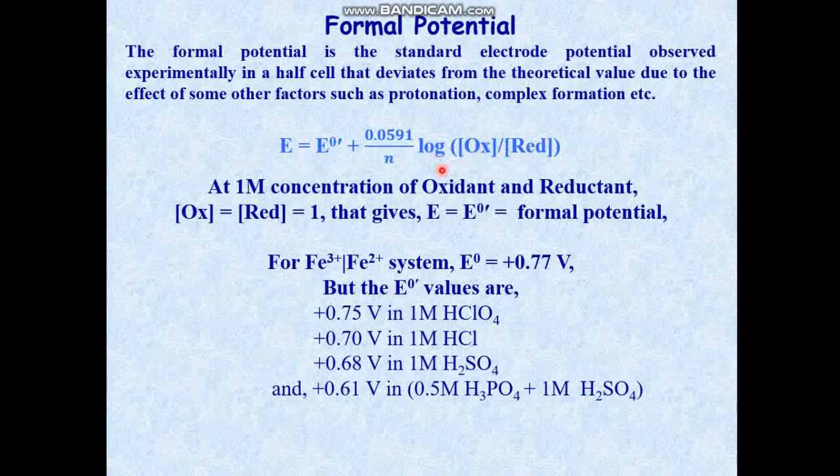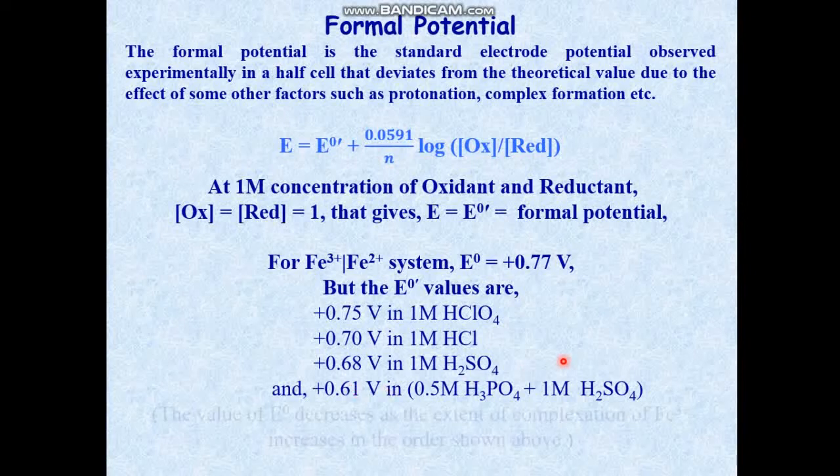So the log of a fraction is a negative value. So this overall parameter becomes something negative, and this negative impact is affecting this E0 value. As a result, something is deducted from the original plus 0.77 volt, and as a result these decreased potentials are obtained.